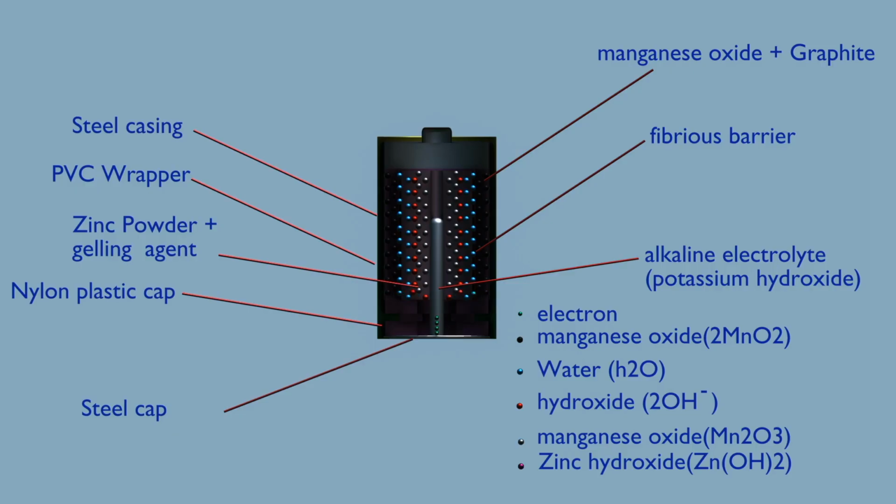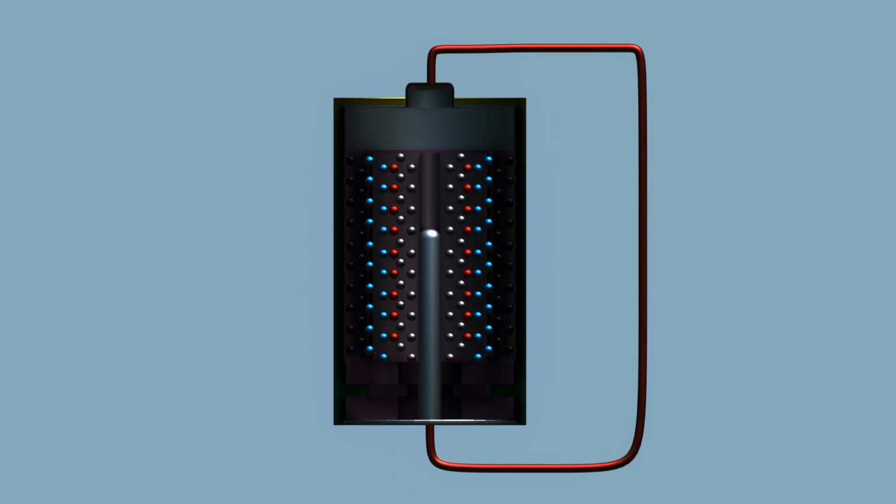This creates a buildup of electrons at the negative terminal, producing a voltage difference between the terminals. Electrons repel each other and move toward the positive terminal. If an external path is provided, they flow through it, doing work such as lighting a lamp.